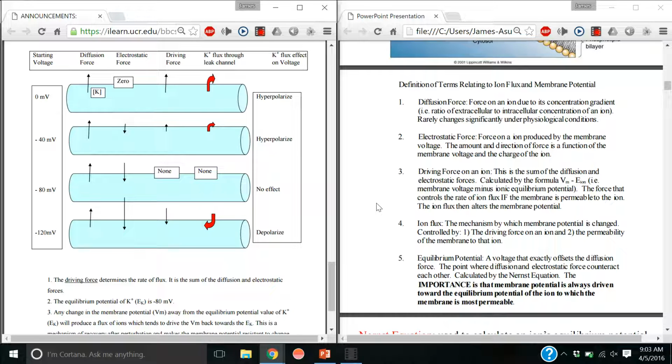Would I clarify electrostatic forces? Happy to. Actually, I very cleverly have this here. I can't point to it.